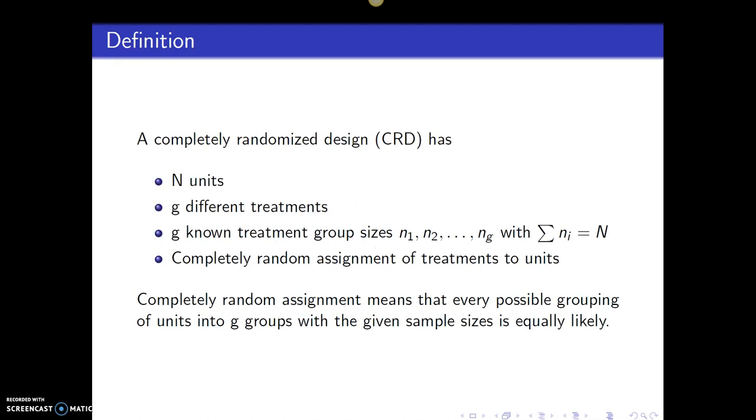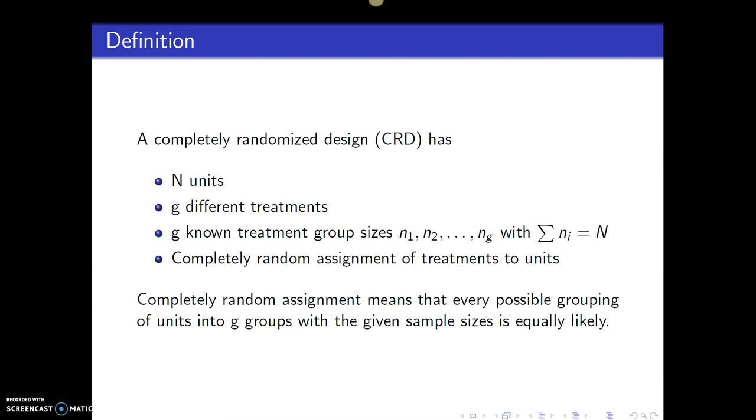So when we talk about a completely randomized design, acronym CRD, we're talking about a design with big N units, G different treatment levels. The sizes are N1 up to NG, and the treatments are randomly assigned to the units.